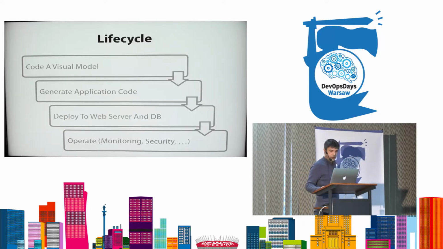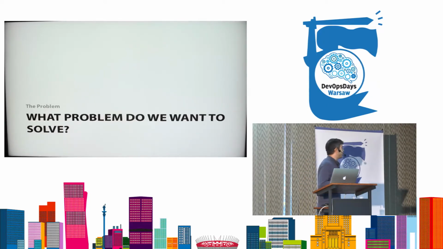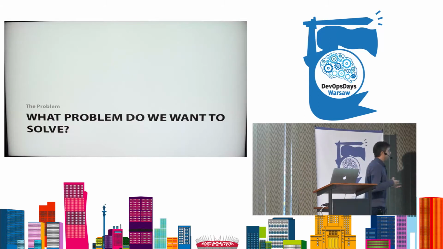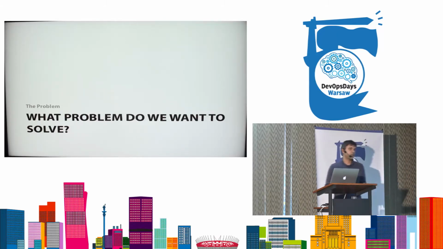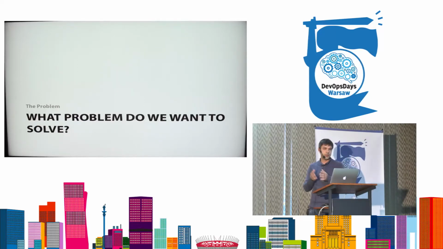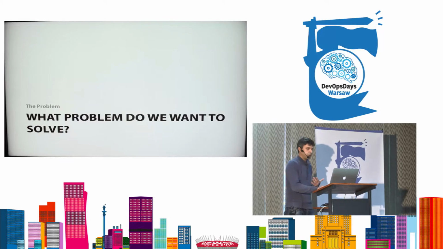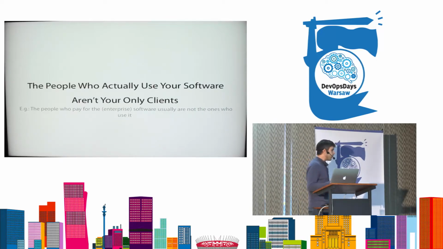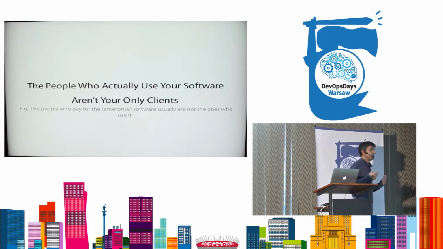So at the start of this project, we needed to find what was the problem that we really wanted to solve, because there are always lots and lots of different problems, and we have to focus on one. And to find out this problem that we want to solve, we have to think about our clients, the people who have a stake in our product.